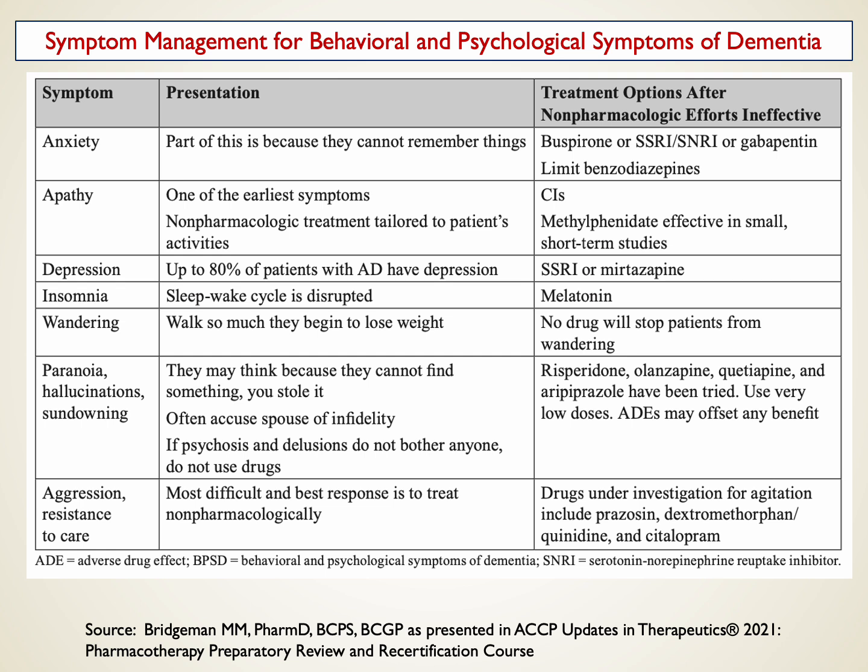And the clear issue for many of these is to look at environmental supports and behavioral therapeutic options as opposed to drug therapy. But let's go through what the role is, when non-pharmacologic efforts are ineffective, where drug therapy may fit. For anxiety, maybe Buspar or an SSRI may work.